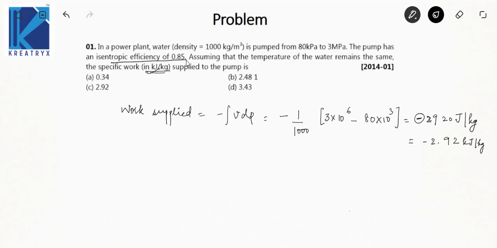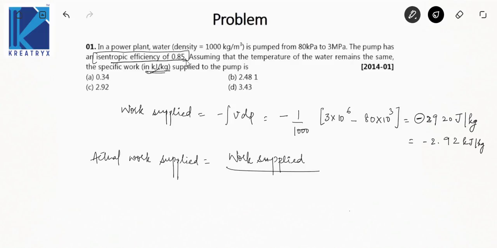However, do not forget that you have been given an isentropic efficiency of 0.85. So the actual work supplied will be the work supplied when the process is drawn as an isentropic process on the TS diagram, upon the isentropic efficiency.